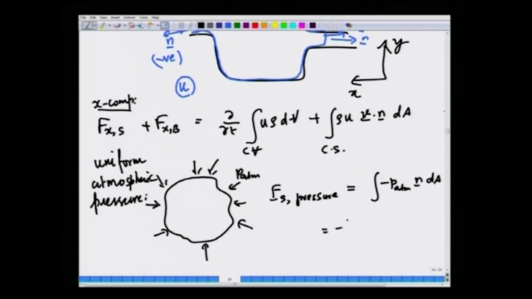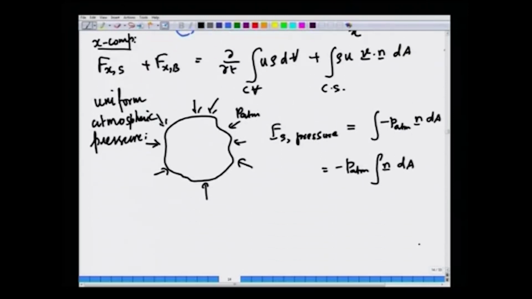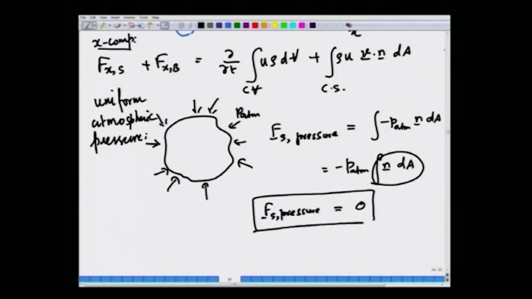Now, P is constant, so I can pull it out. If you have a closed surface, and you just evaluate the integral of n dA for a closed surface, just by symmetry this has to be 0. So, the surface force due to a uniform pressure acting on each and every point on the control surface is 0.